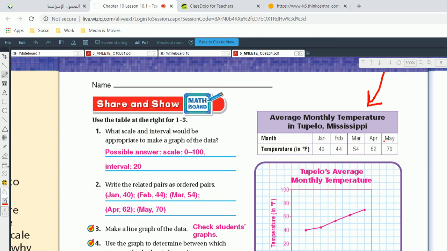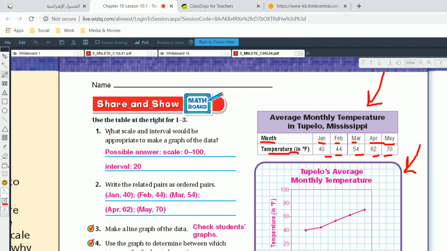It will be according to this table, and we're going to represent it by this grid. So we have month and temperature. We have January, February, March, April, and May: 40, 44, 54, 62, and 70.